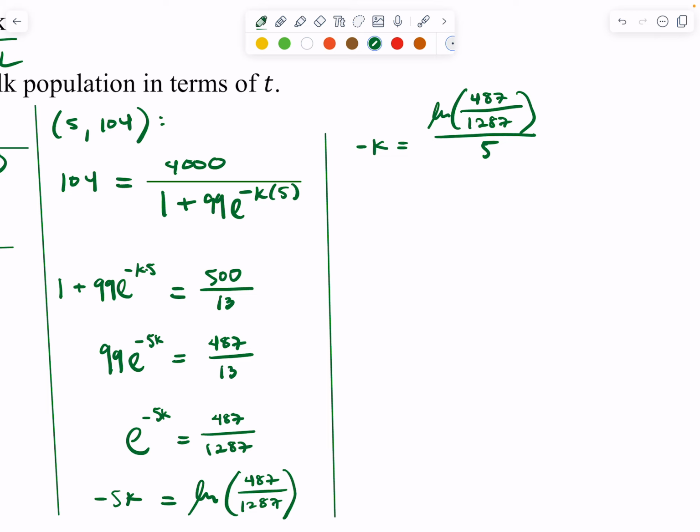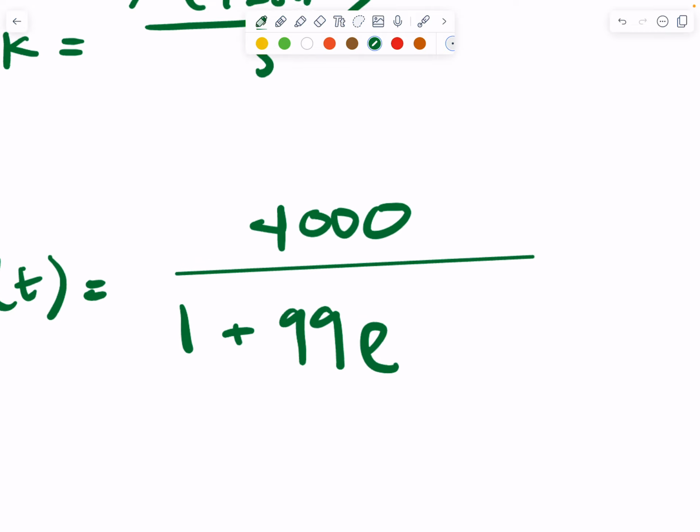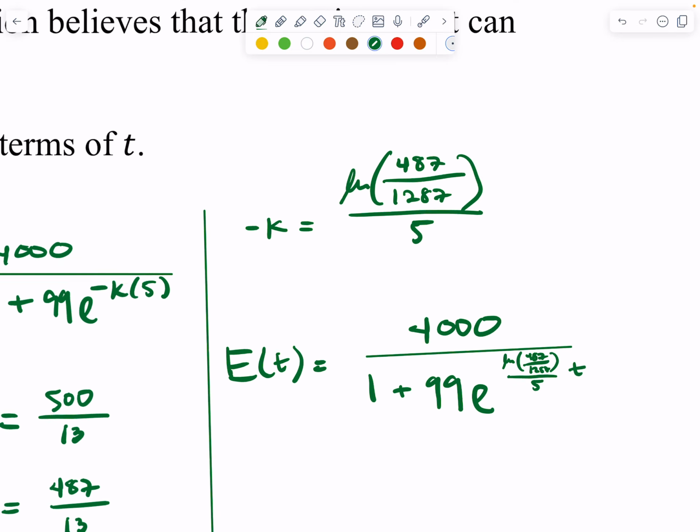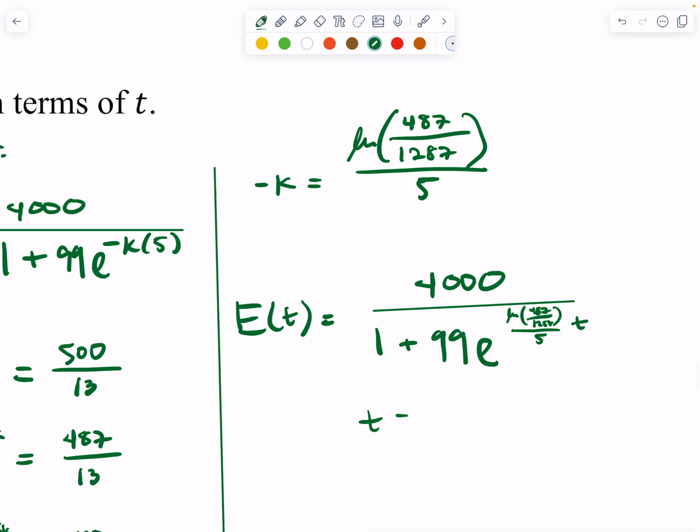So now I can think about writing, and I'm going to call the function E of t for the elk population will be 4,000 over 1 plus 99 times e, and trying to write that, what negative k is equal to. And this is for t in years.